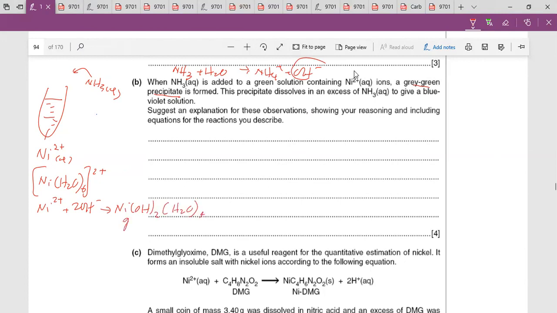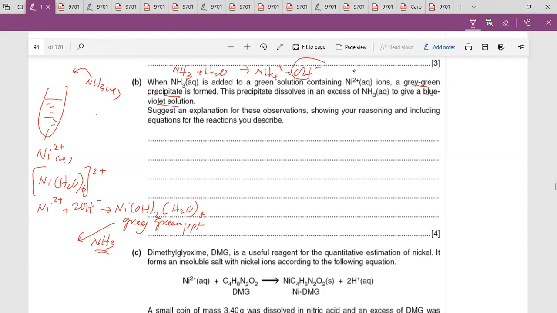This is a green PPT. Okay, this PPT dissolves in excess. Of course, you put here excess of ammonia, now ammonia acts as a ligand, a complexing agent. What is this? A ligand exchange to give you a blue violet.